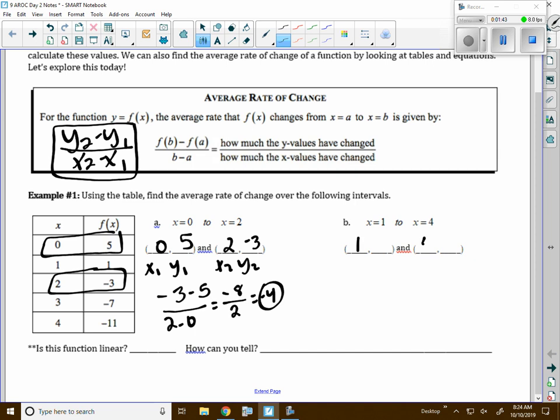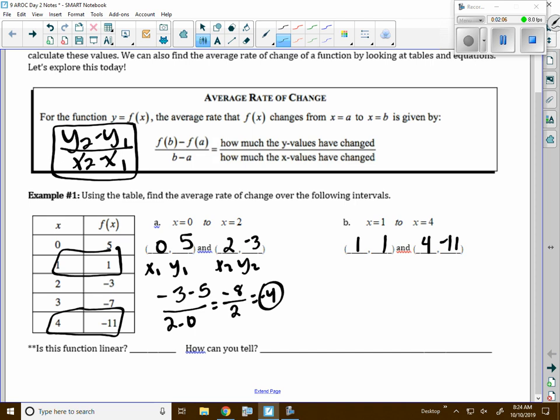Okay, our next one. I gave you the x's, 1 and 4. When x is 1, what's y? 1. Get that from our table over here. And when x is 4, y is negative.